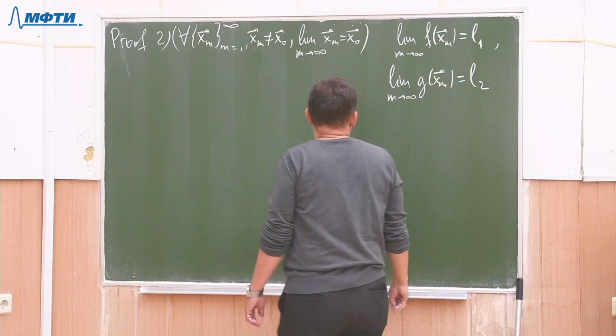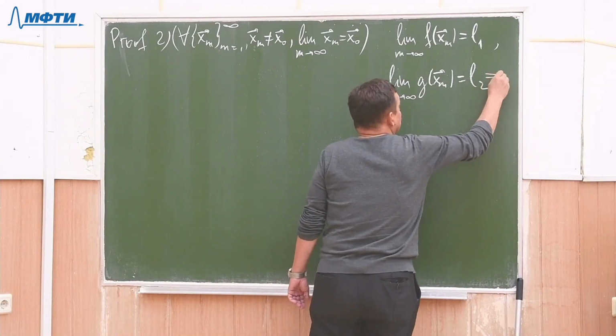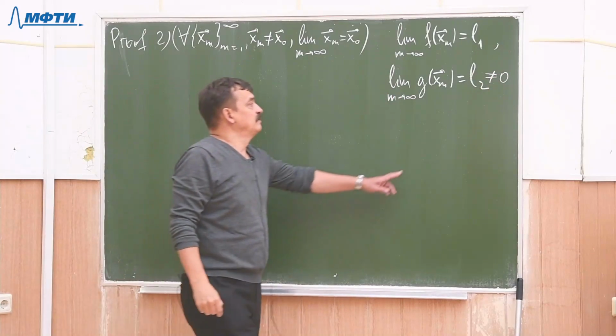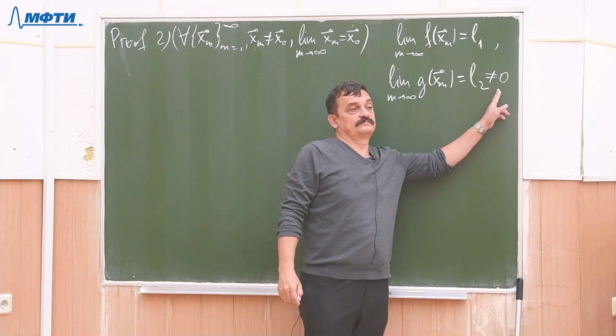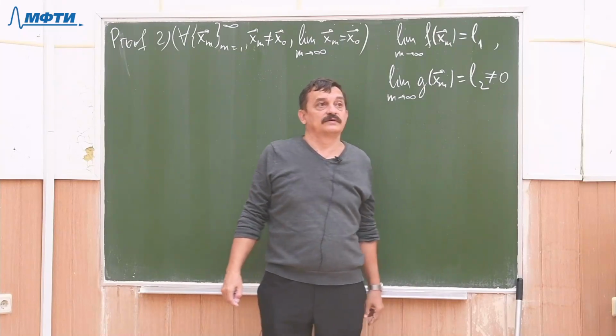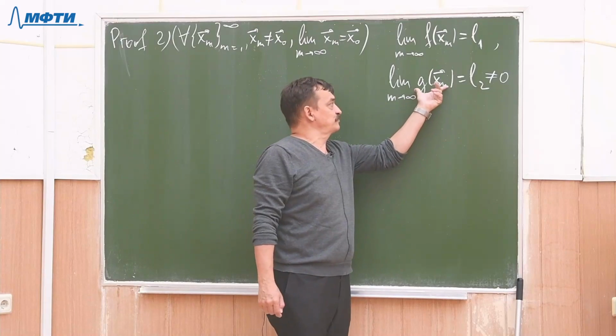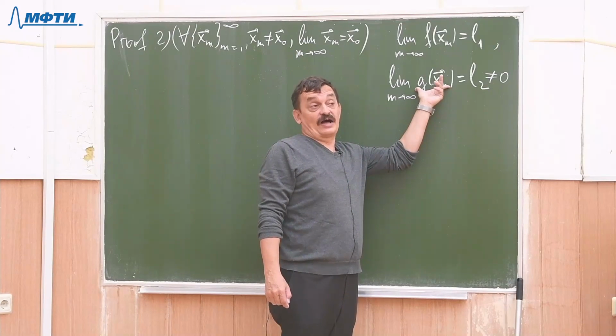And now what's important, because L2 is not 0, right? Then we refer to properties of sequences of numbers.